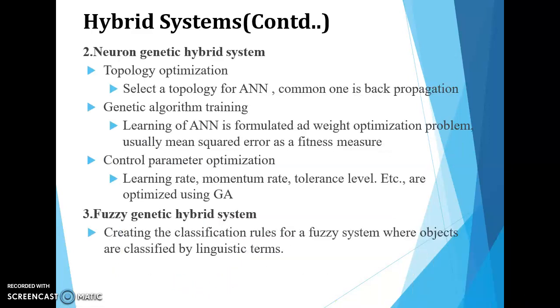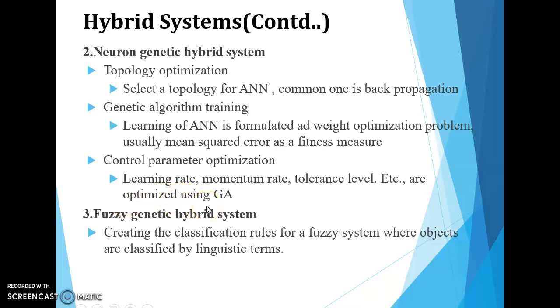Next technique is the neurogenetic hybrid system, a combination of neural network with the genetic algorithm. For topology optimization, select a topology based on the neural network, a common one being backpropagation. After that, you feed that input to the genetic algorithm for weight optimization, and usually we use the mean squared error as the fitness measure, and after that I will improve my algorithm to produce the optimized result.